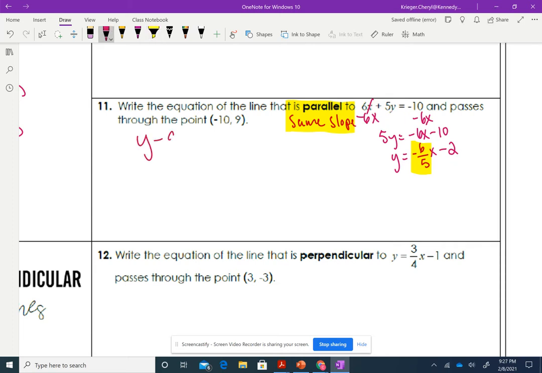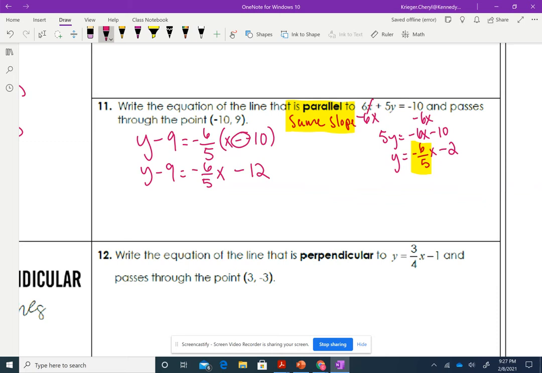Y minus y1, 9, equals m, -6/5, times x minus x1, -10. All right, so that's y minus 9 equals -6/5 x, -6/5 times +10 is -10 divided by 5 times 6 is 12.